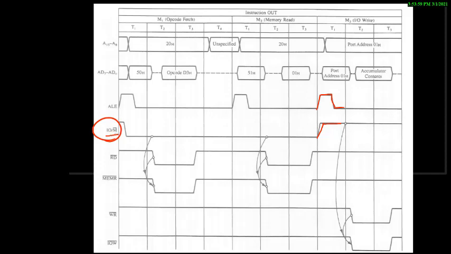When it is low, it is a memory operation; when it is high, it is input output. So this high state shows that it is an input output operation, and whatever data has to be written, you can see this write signal is active low, so this becomes low because it has to be written out.